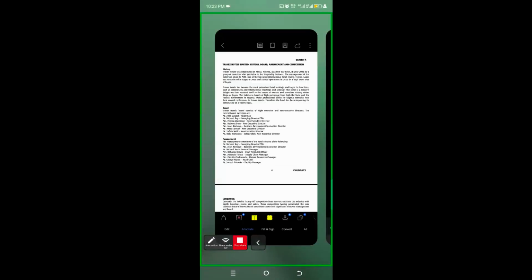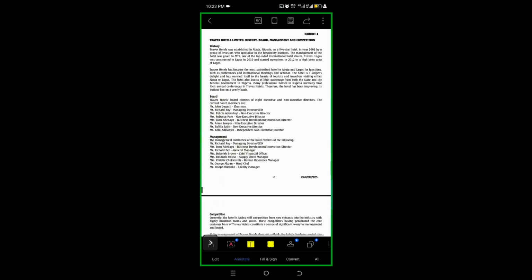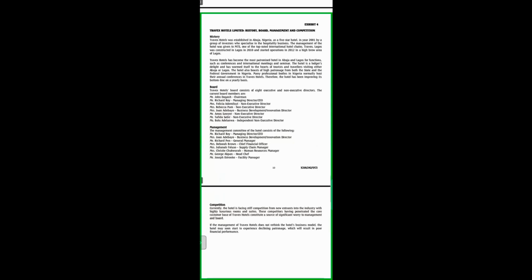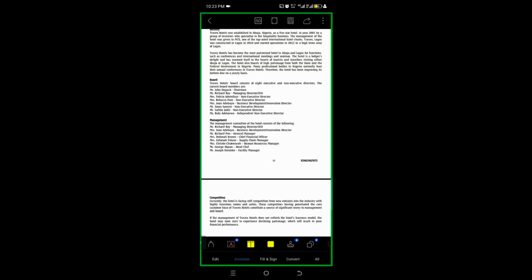Apart from that, in exhibit number 4, we are informed that Travis Hotel was established in Lagos in 2010, but they began operation 2 years after, in 2012, in a very strategic location in the heart of Lagos. Travis Hotel enjoys a huge amount of customer patronage from different geographical locations, from customers with different cultures, status, class, and many more.